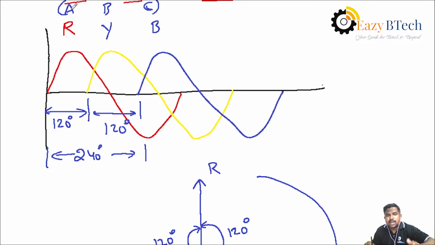In this waveform, first R will reach the maximum value, that is the peak value of the waveform. Similarly, the Y phase will reach it second, and the B phase will reach it third, in the order R, Y, B. So that is called the phase sequence.